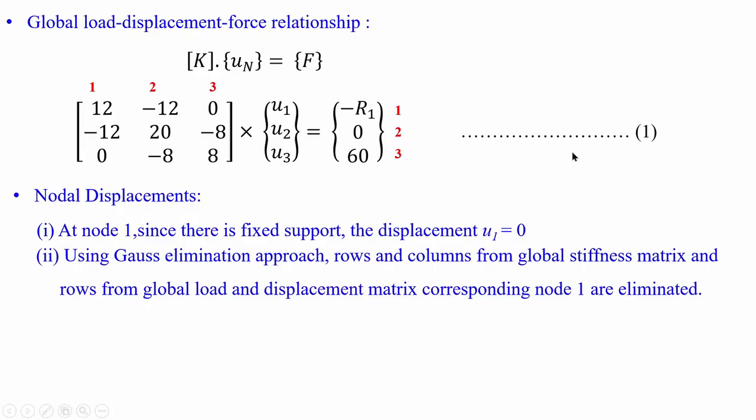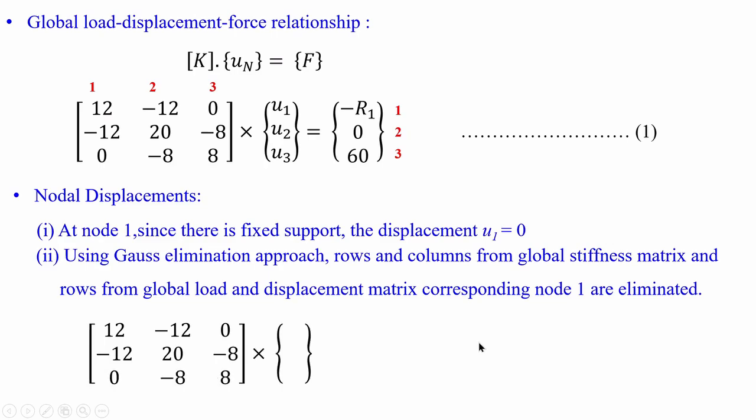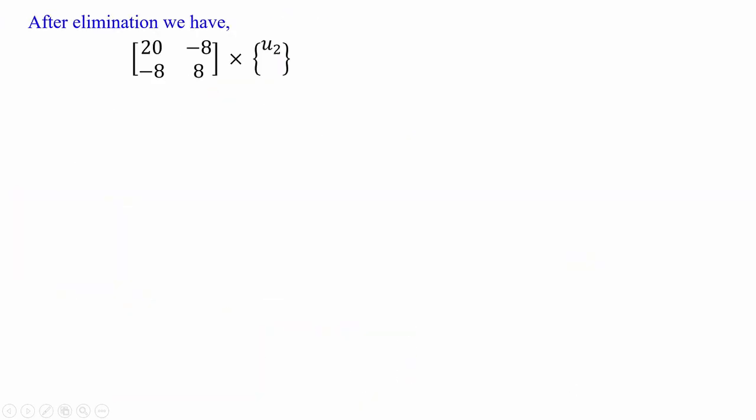So from equation 1, we delete the columns and rows related to node 1 from the global stiffness matrix, and the rows from the global displacement as well as force matrix. After elimination, we have the matrix 20, minus 8, minus 8, 8 multiplied by u2, u3, that will be equal to 0, 60.